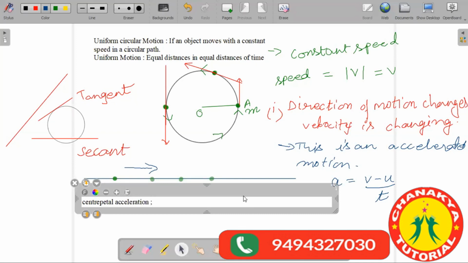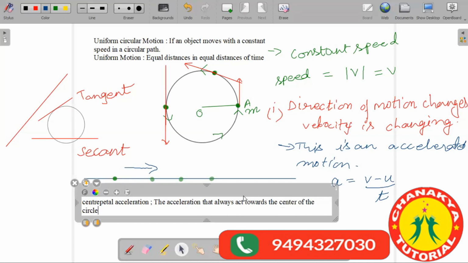Okay. So the centripetal acceleration is the acceleration that always acts towards the center of the circle.